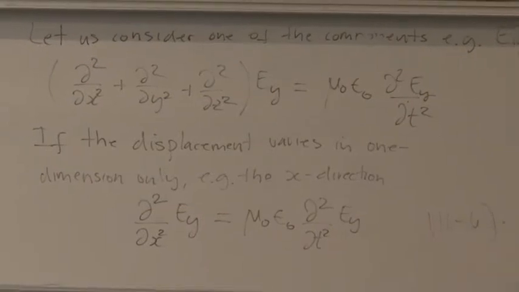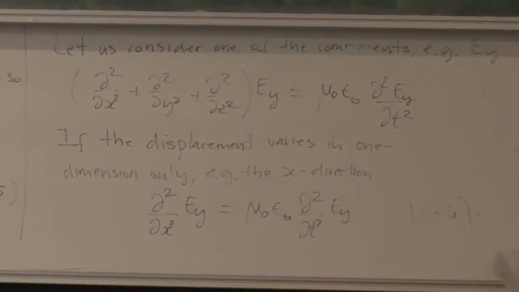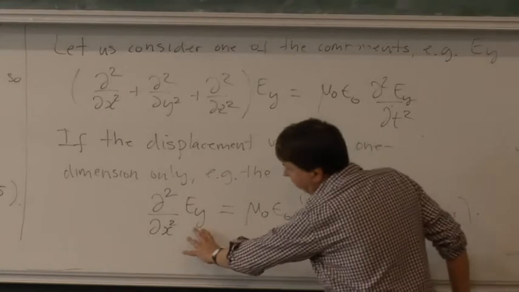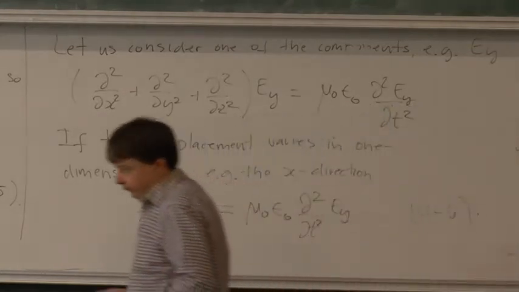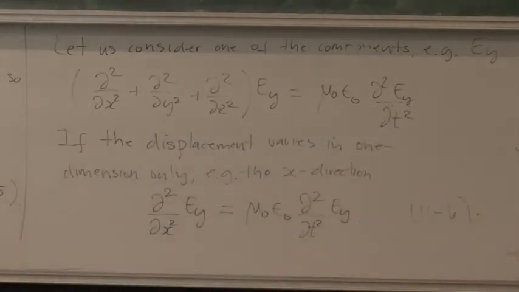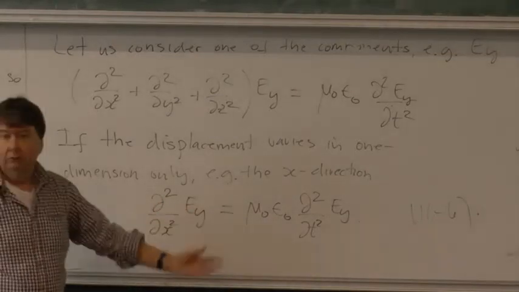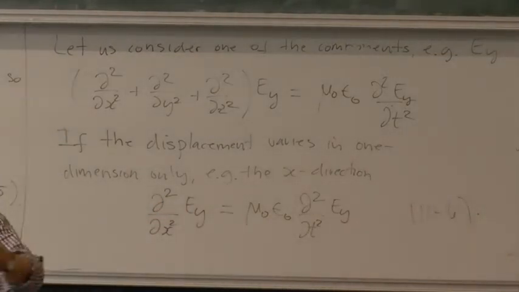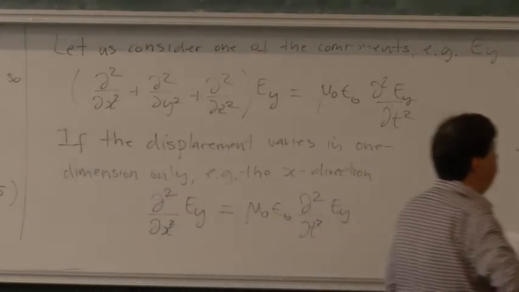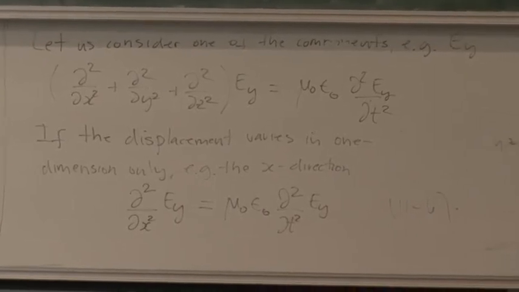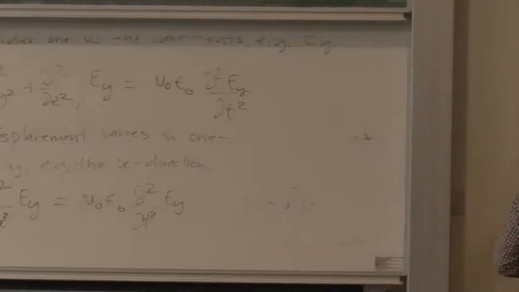We have now got something that I hope you recognise. I did a little introduction about what a wave equation is, and this precisely is a wave equation. Just to make it identical with what I studied last time, we could call the electric field component psi, using psi as a notation for Ey.